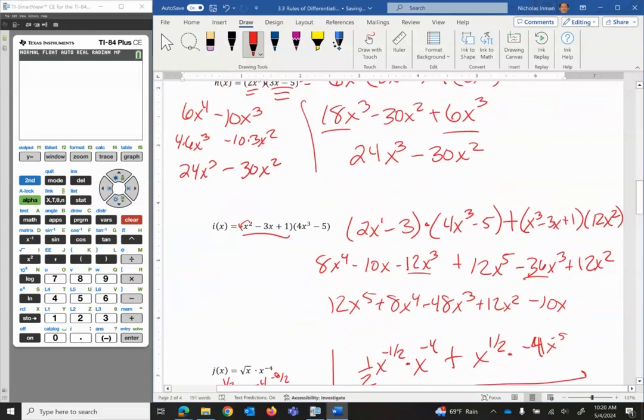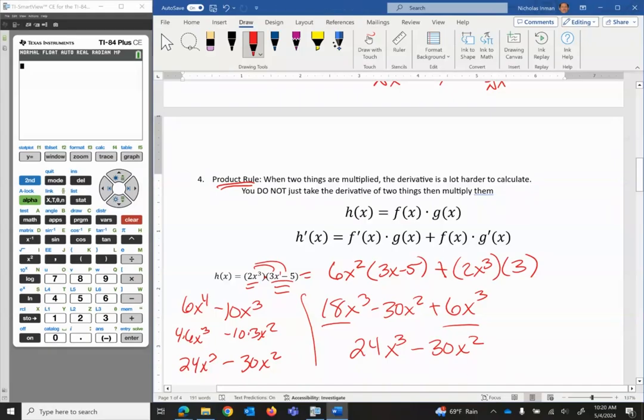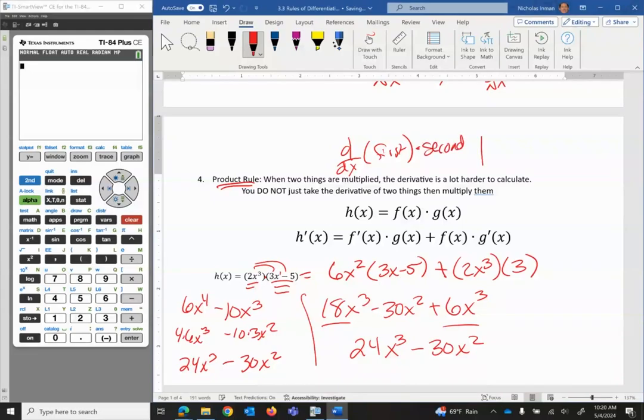Okay, so again, the product rule. Derivative of the first times the second plus the first left alone times the derivative of the second. Okay, so that is your product rule.